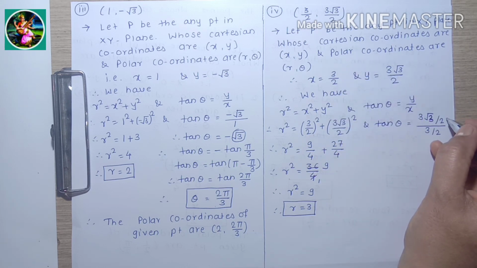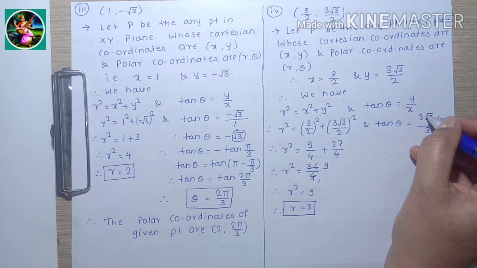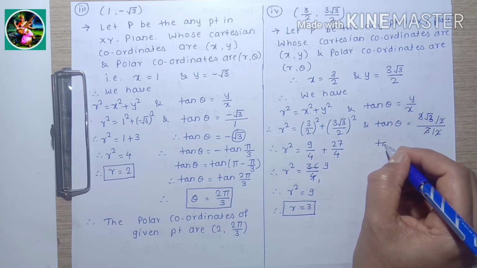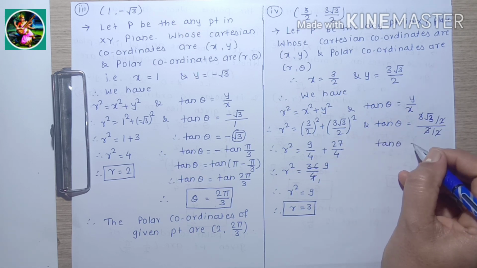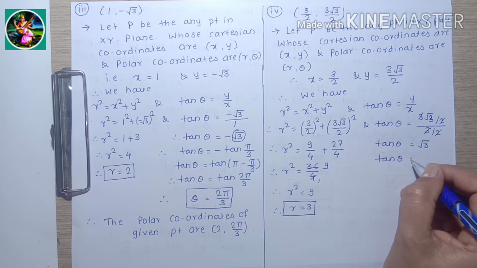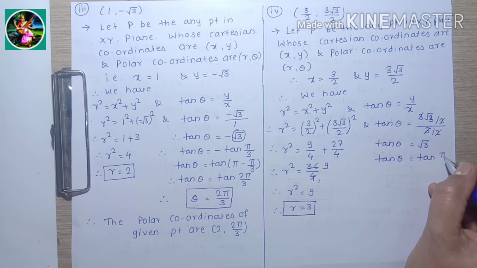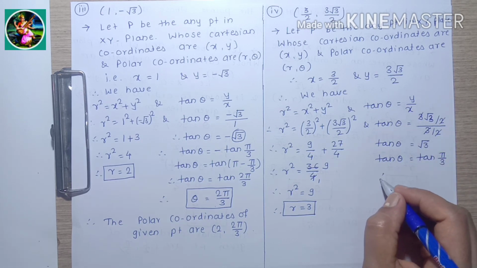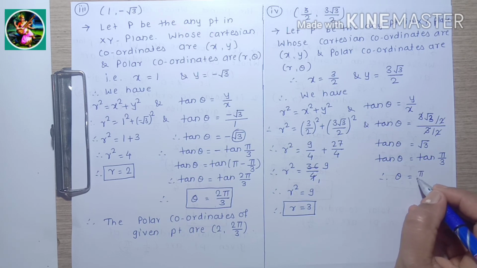The 2 in the denominators cancels, and the 3 in the numerator cancels with the 3 in the denominator. Here only root 3 remains, and we know that tan of pi by 3 is root 3. Therefore, we write directly tan of pi by 3 instead of root 3. Therefore, we get theta is equal to pi by 3.